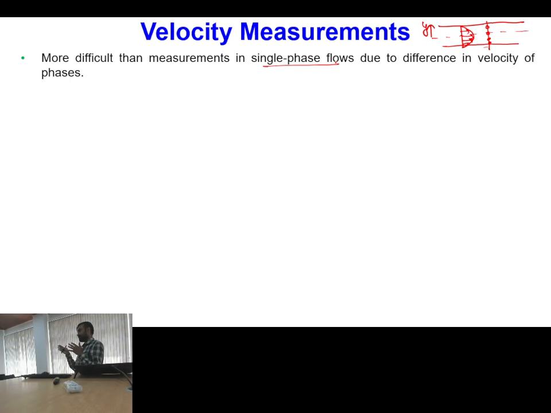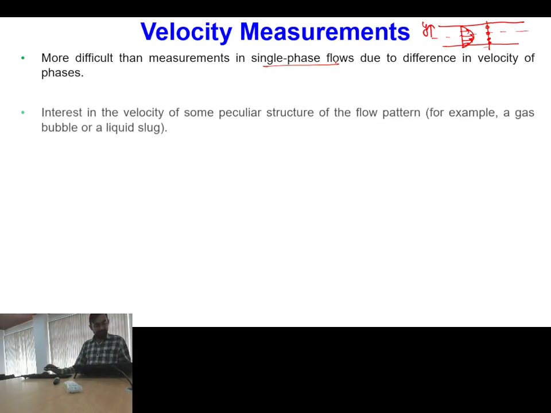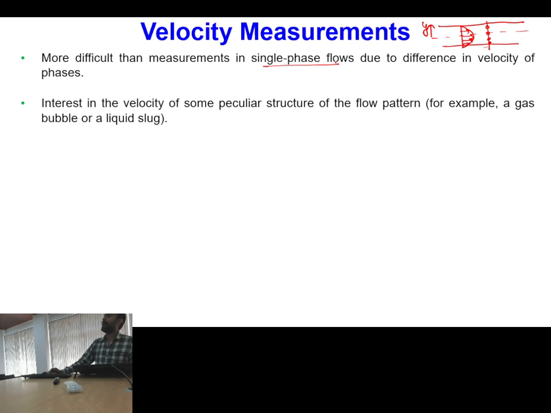Whatever number of phases you may have, there will always be relative motion between them. One of the assumptions we make is homogeneous flow, where the velocity of both the phases is the same, but that is a very idealistic situation.